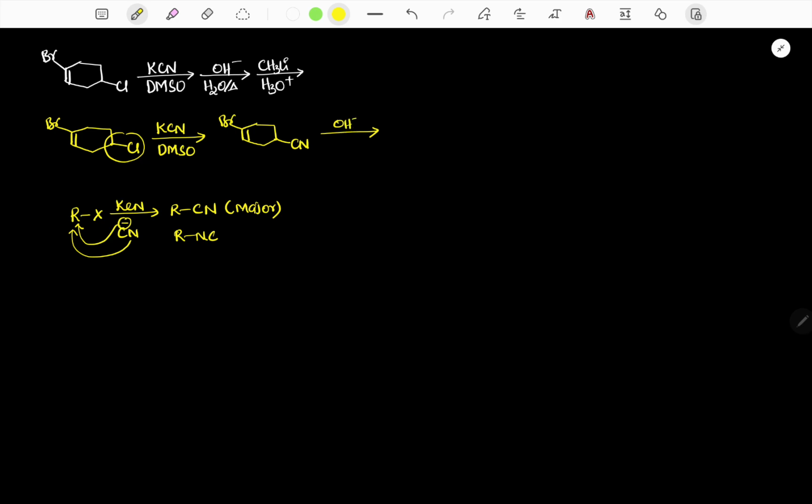Now it is treated with OH minus, H2O, heat. So we know that OH minus does not react with alkene. OH minus does not react with the bromine also, because a leaving group connected to a double bond does not participate in the nucleophilic substitution reaction. So there is only one possibility, cyanide hydrolysis.